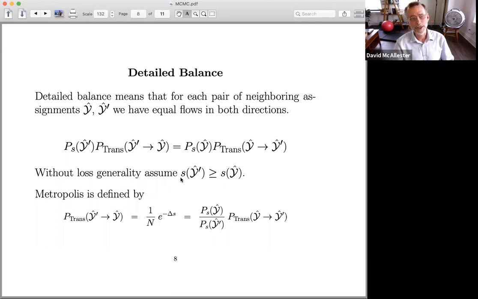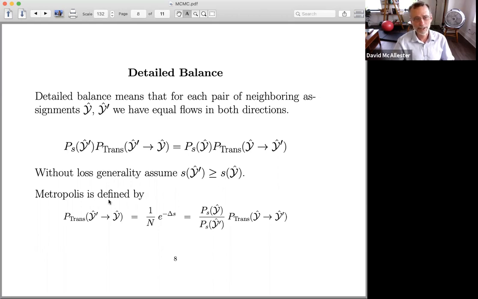Okay, so without loss of generality, I'm considering an arbitrary edge, and I'm going to prove this detailed balance for the Metropolis process. So without loss of generality, I'm going to assume that y prime is the state with a higher score.